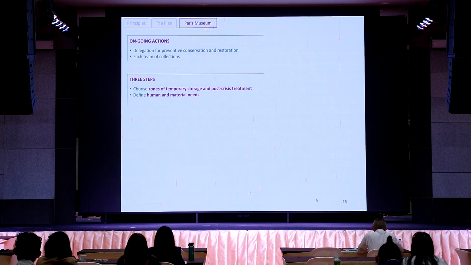We have to think at the scale of the entire museum, because it's a very big house, and we have to organize this at a large scale.